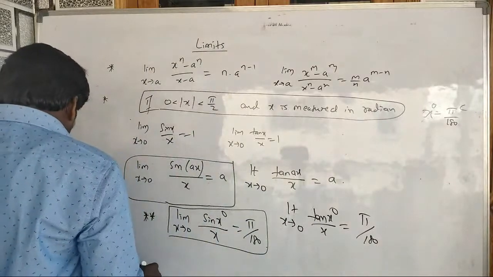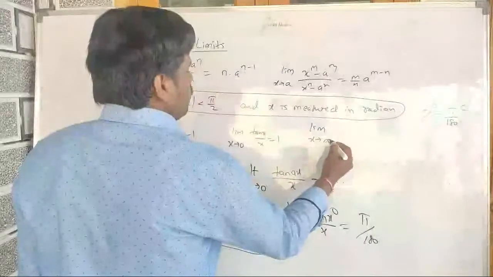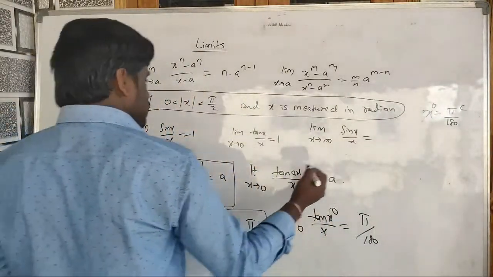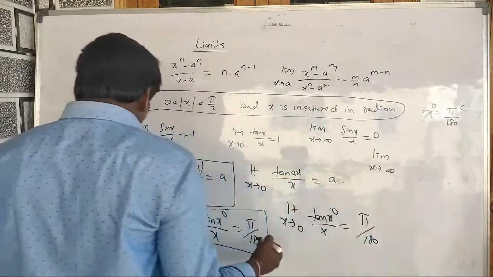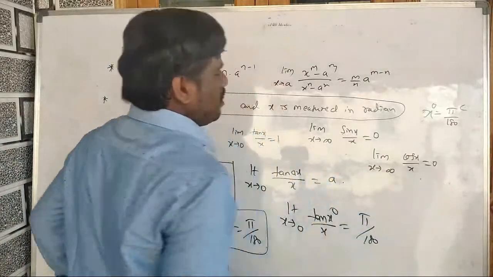Next, limit x tending to infinity. You should know this: limit x tending to infinity, sine x by x is 0. Limit x tending to infinity, cos x by x is equal to 0. These are the formulas.